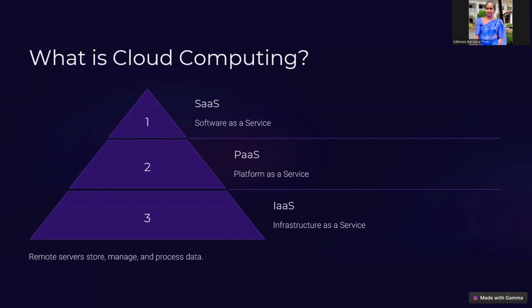It provides the tools to build applications. For example, Google App Engine. And the third one is SaaS, software as a service. It provides ready to use applications. For example, Gmail, Salesforce.